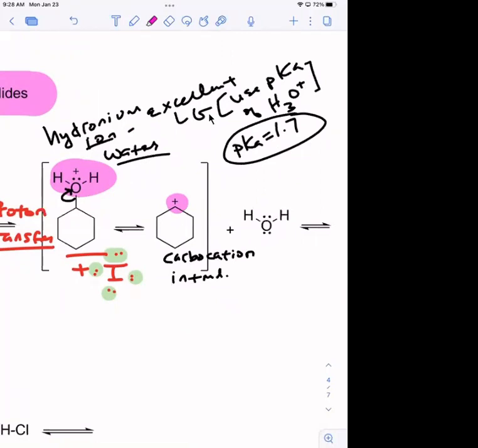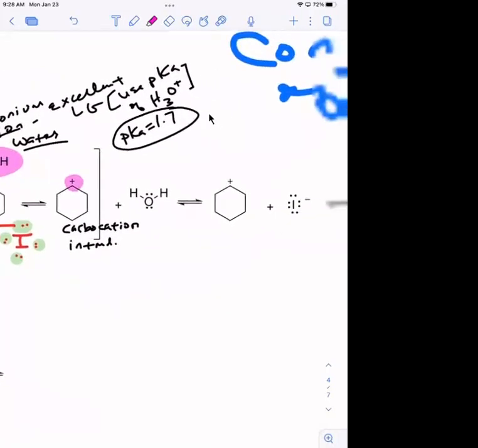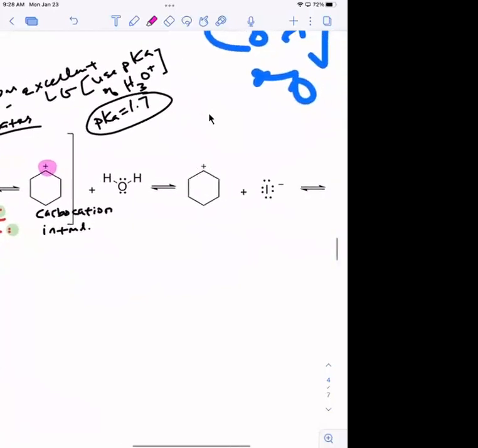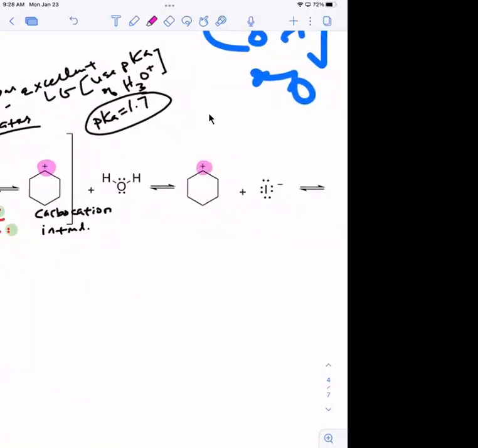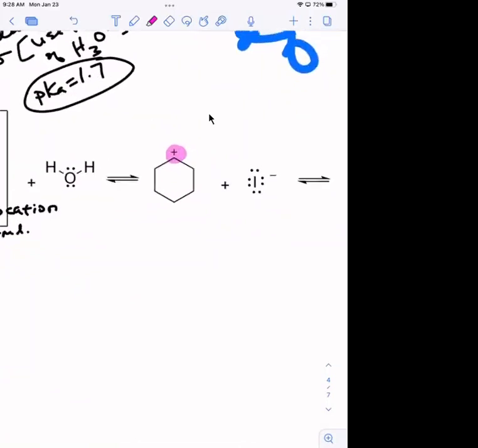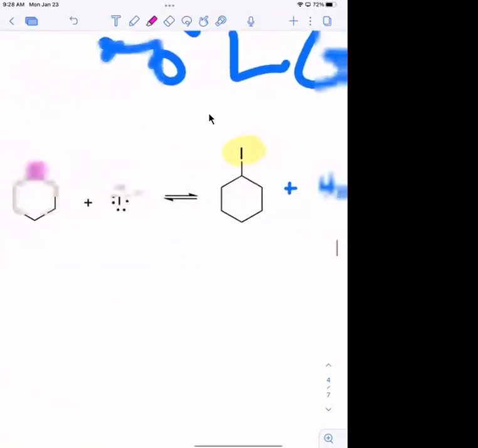All right. So now I need to get to my product. How do I get here? I need to make a bond between iodine and carbon, and let me put those lone pairs back in.